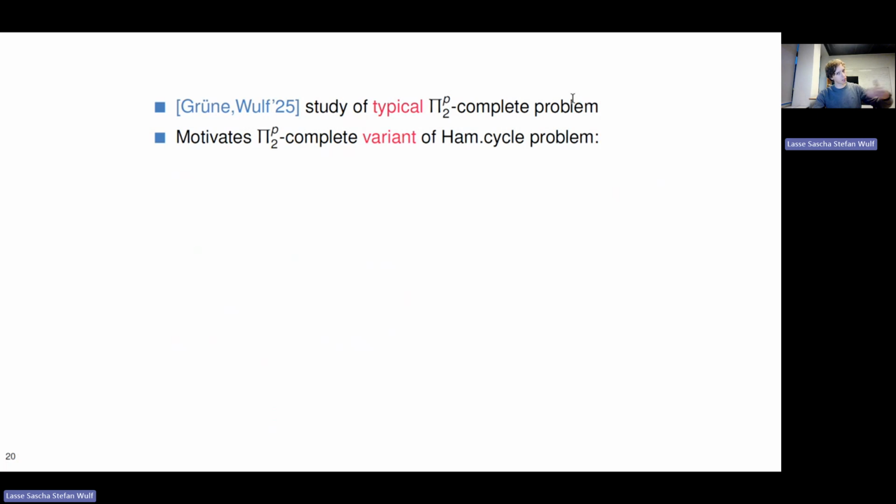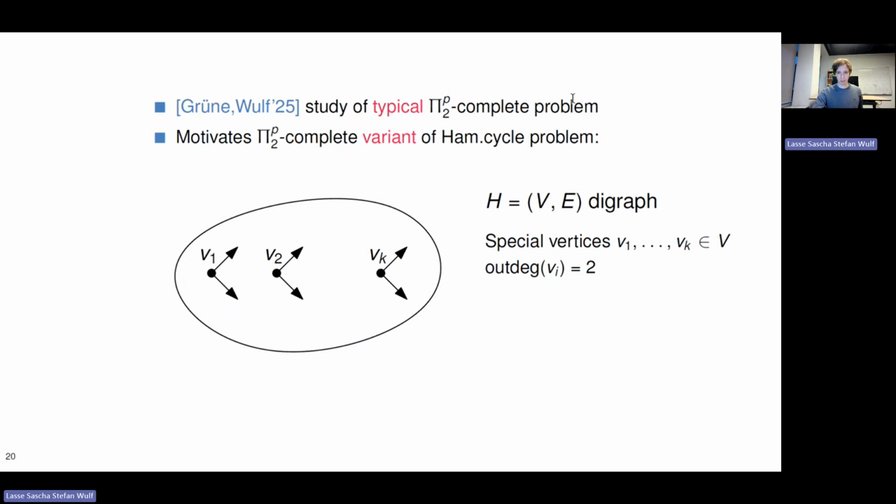So of course, the Hamiltonian cycle problem is only NP complete. Let's consider the following variant. In this variant, we are given a directed graph H, and we are given special vertices V1 up to Vk that are vertices of H. And let us say that the out degree of every vertex is fixed to be 2.